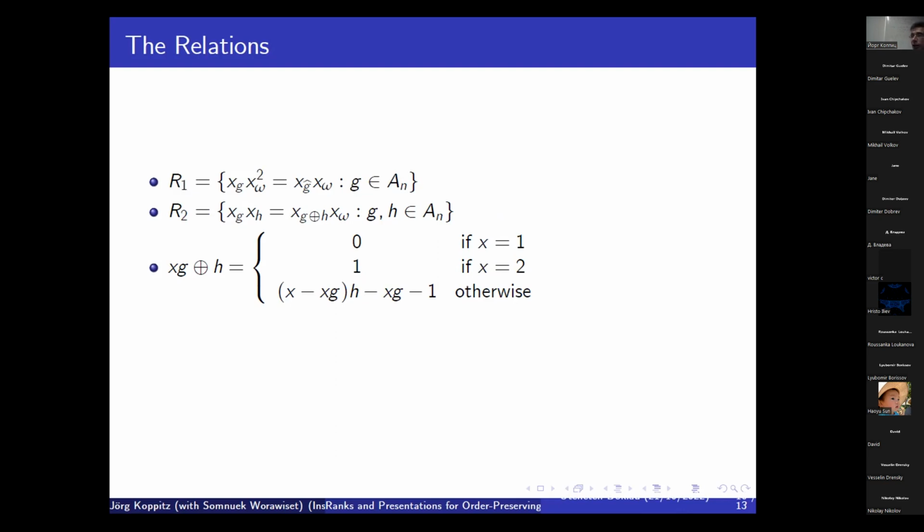This is the case, and now we understand that these relations do the following. You have here two products, and this is reduced to one product together with omega.